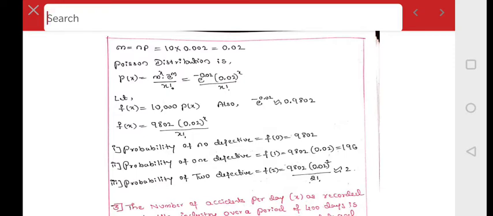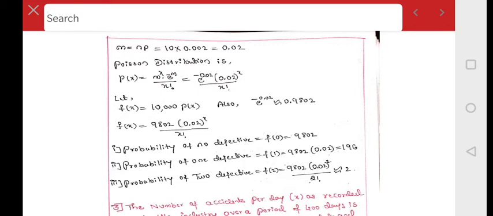Now the Poisson distribution is given by p of x equal to m raised to x e raised to minus m upon x factorial, which is e raised to minus 0.02 into 0.02 raised to x upon x factorial. Now, because there are 10,000 packets, we define a function f of x as 10,000 into p of x.